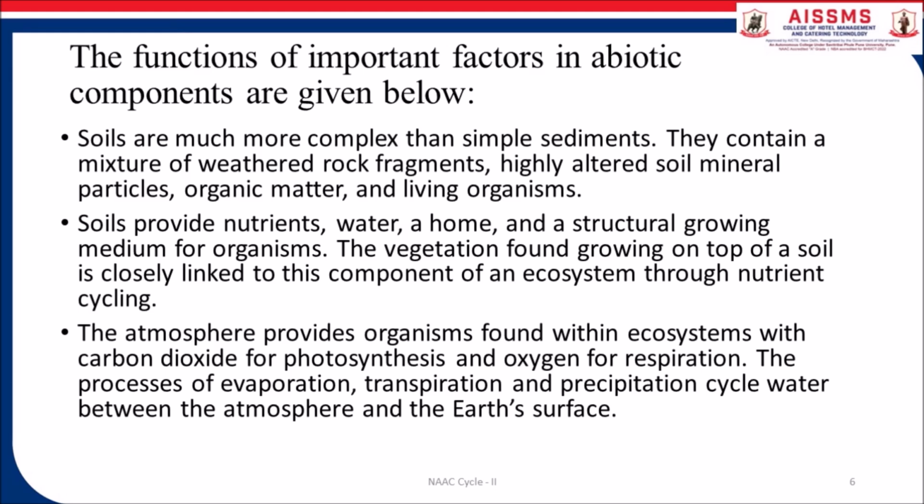The atmosphere provides organisms found within an ecosystem with carbon dioxide for photosynthesis and oxygen for respiration. The processes of evaporation, transpiration and precipitation cycle water between the atmosphere and the earth surface.